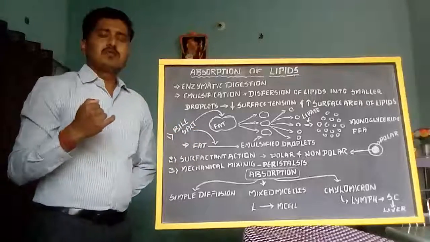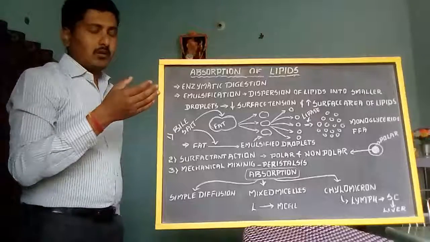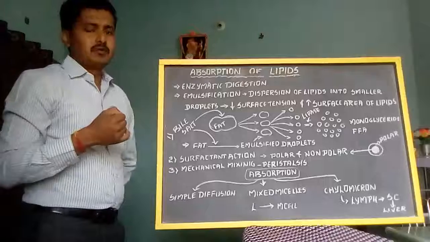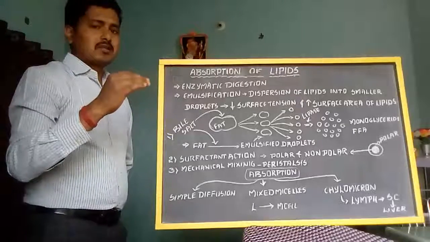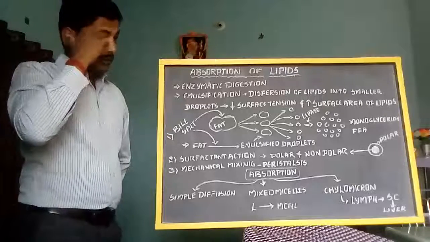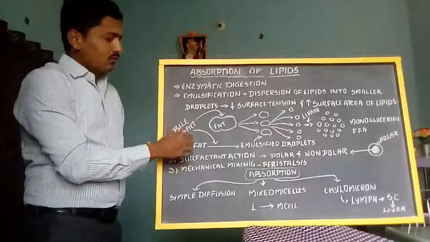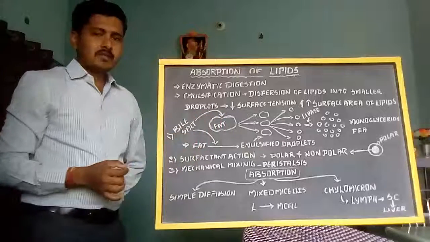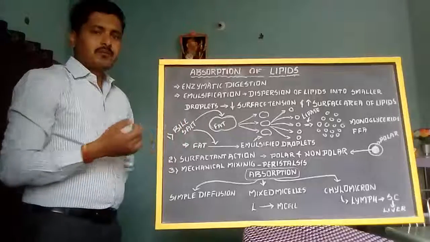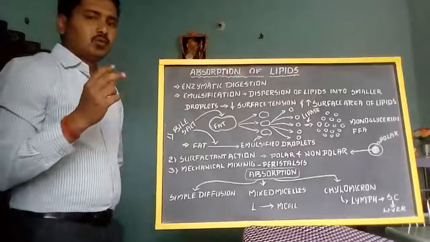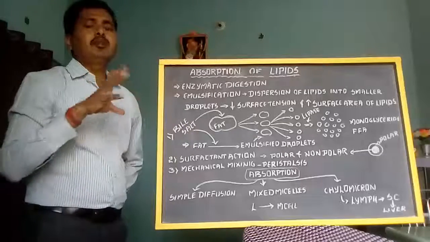This bile salt is synthesized in the liver and secreted along with the bile juice into the duodenal part, and it acts over the larger molecule of fat. It has two portions: internally hydrophobic and externally hydrophilic.